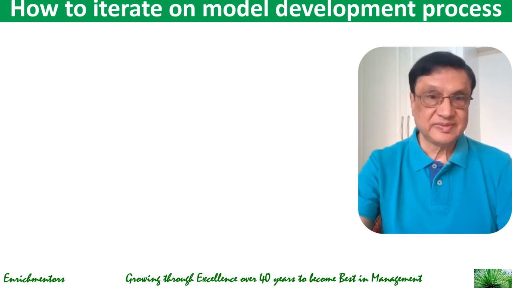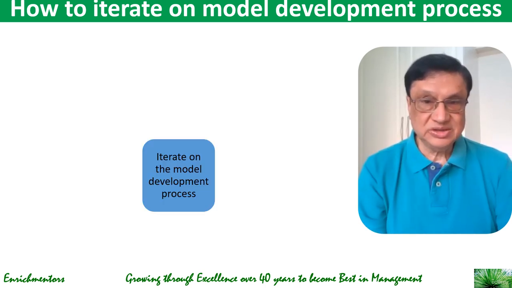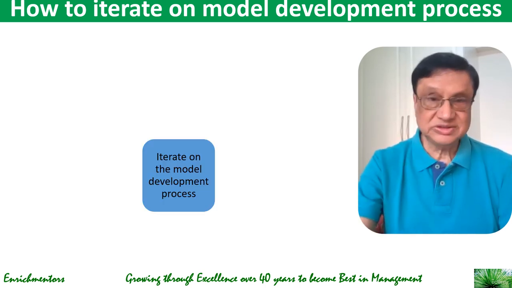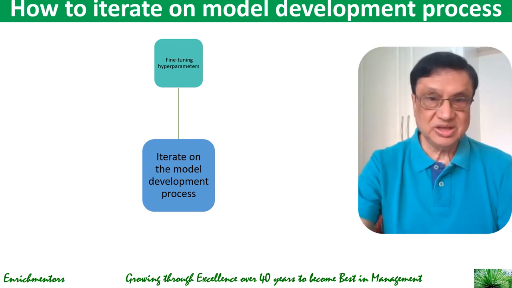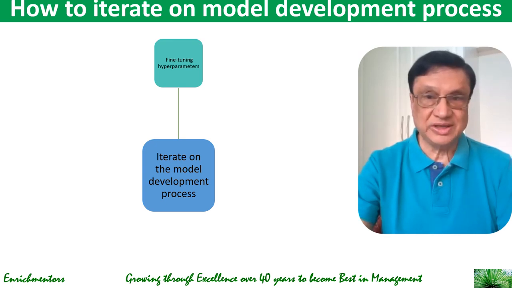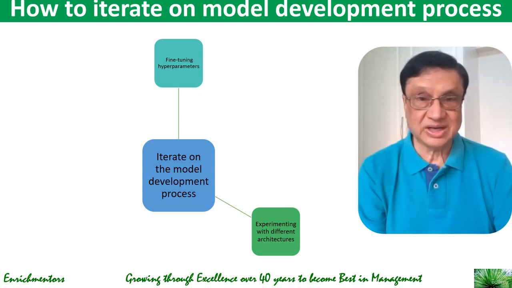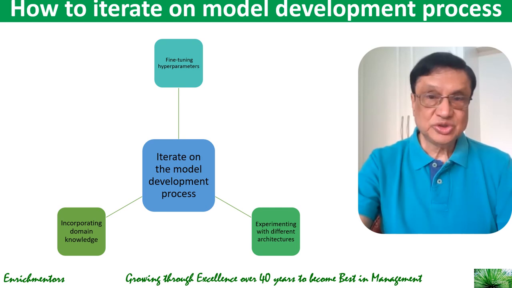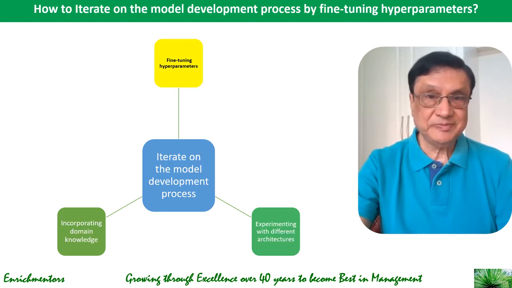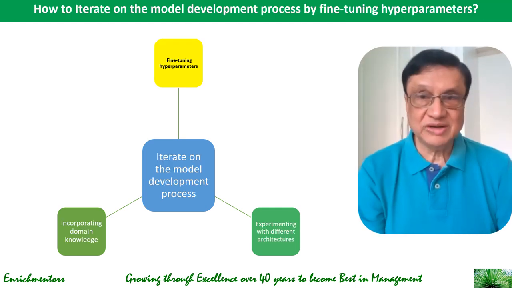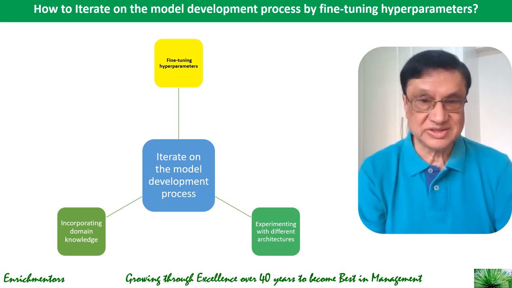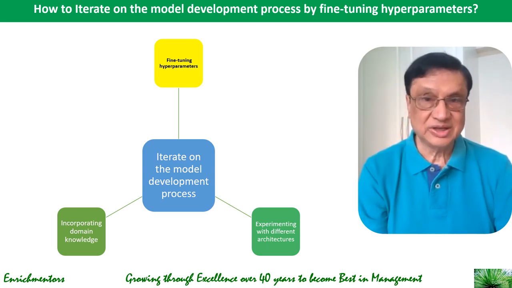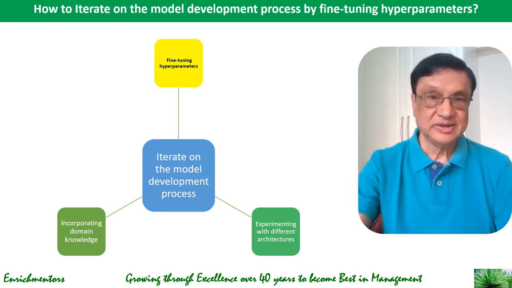In this, to iterate in the development process, we need to do three things as we talked about just now. One is to fine-tune the hyperparameters. Second, experiment with different architectures, and then incorporate domain knowledge. So the question now is how to iterate on the model development process by fine tuning the hyperparameters. This is only one of the things that we will talk about in good length and depth.